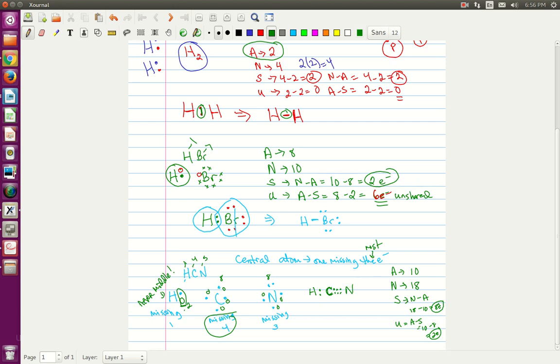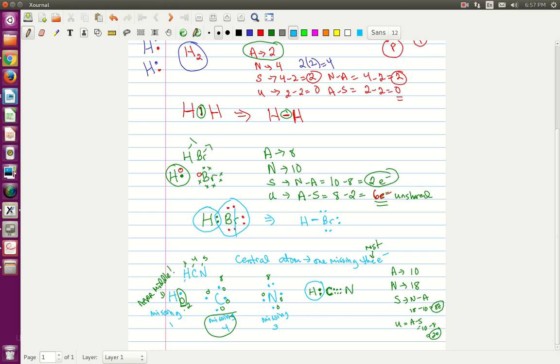Now, this says we're going to share 8 electrons. Well, I can only put 2 of them between hydrogen and carbon because hydrogen can only handle 2. So there, hydrogen's happy. And I have 6 more, so I put those 2, 4, 6 between carbon and nitrogen. Okay? That's the only place it can be. There's only 2 options, between carbon and hydrogen and between carbon and nitrogen.